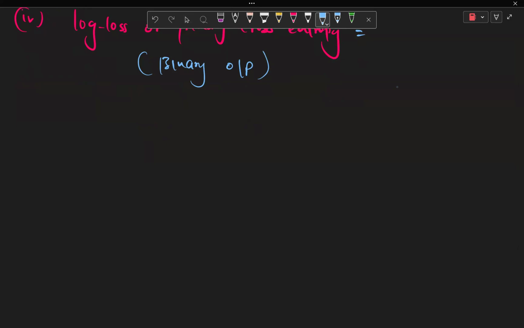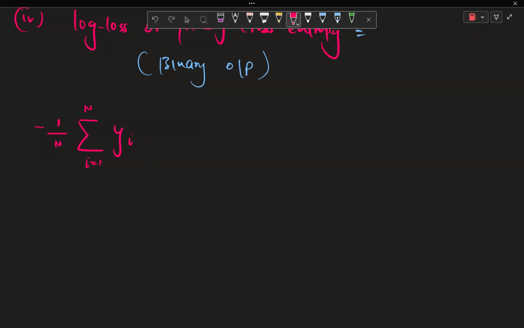It's a bit tricky, so listen. Minus 1 upon n, summation, and you can also start from 0, that's not a problem.